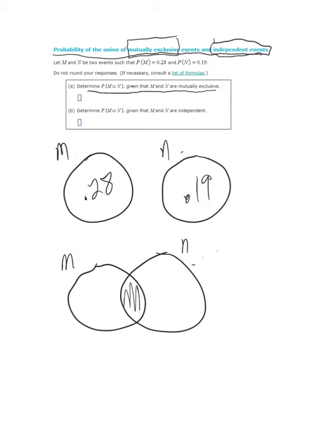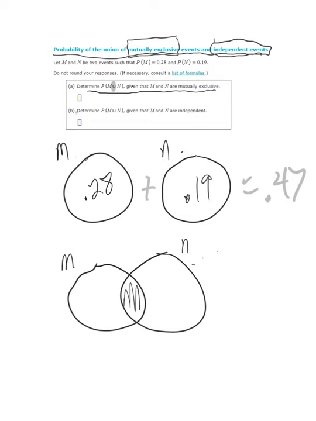Well, here we go. If they're mutually exclusive, there is no intersection. Oh, sorry, this is not asking for intersection. This is asking for union, okay? So I just got to add these together to get the union. So I'm adding 0.28 and 0.19, and I'm getting 0.47. That would be the union of M and N if they're mutually exclusive.